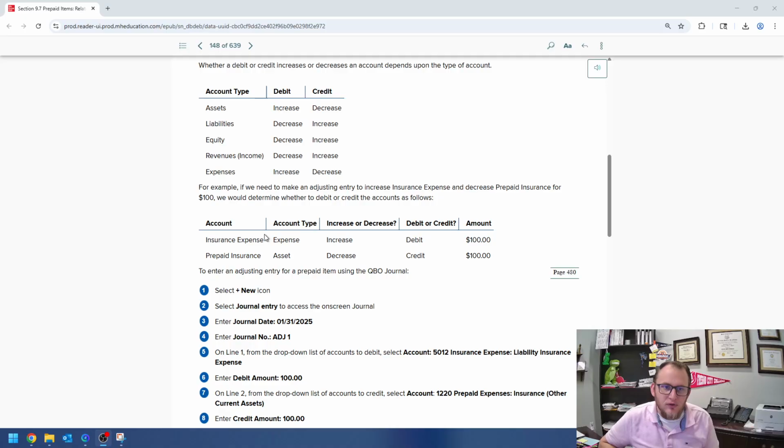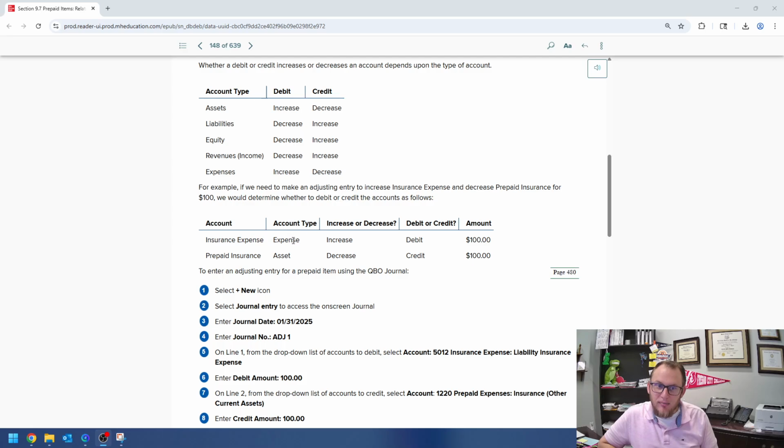So you can see when it comes to this prepaid insurance, this says, for example, if we want to make an adjusting entry to increase insurance expense and decrease our prepaid insurance for $100, we need to determine which way that entry goes. So we're looking at both our prepaid insurance account and our insurance expense account.